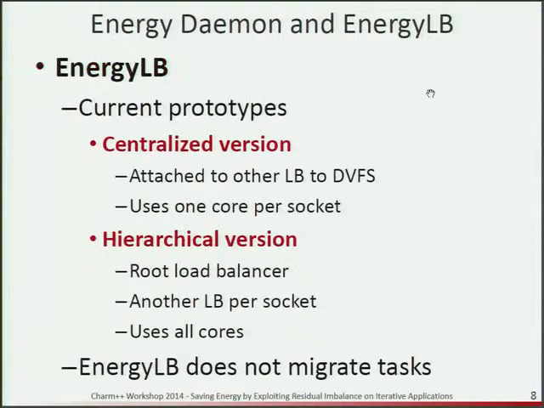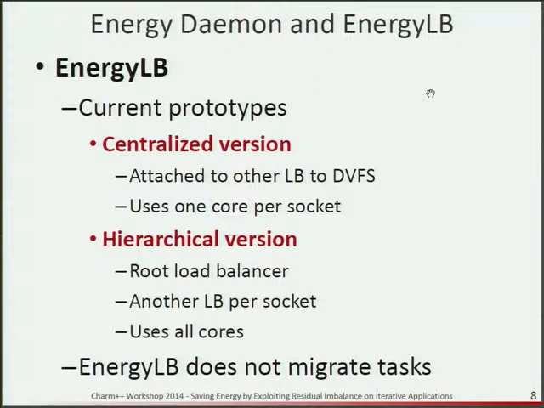And we have two prototypes working right now for energy LB. There's the centralized version, that to do this kind of load balancing plus frequency scaling, we attach to another load balancing algorithm. So we're going to have a main load balancer working with it, okay?